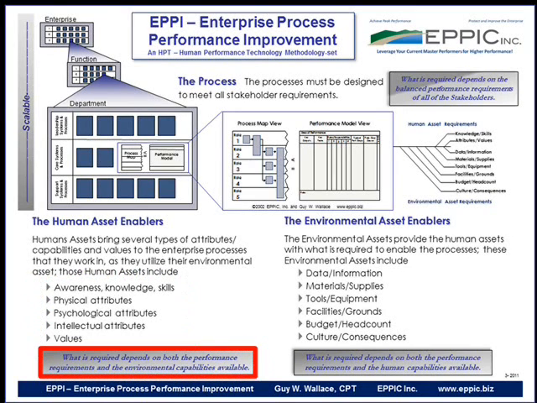What's important depends on both the performance requirements of the stakeholders and the environmental capabilities available. If we don't need forklift trucks often enough, then we're going to have some strong backs, physical attributes of the human performers. It's a balancing act, as I said earlier.